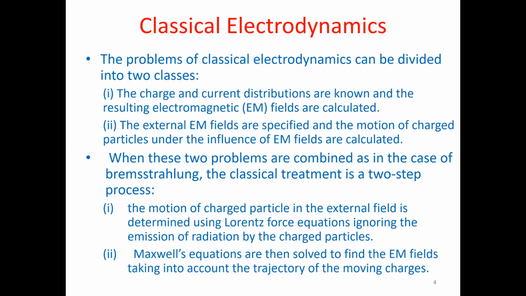When these two problems are combined, as in the case of Bremsstrahlung, the classical treatment is a two-step process. First, the motion of charged particles in the external field is determined using Lorentz Force Equations, ignoring the emission of radiation by the charged particles. Second, Maxwell's equations are then solved to find the EM fields, taking into account the trajectory of moving charges.